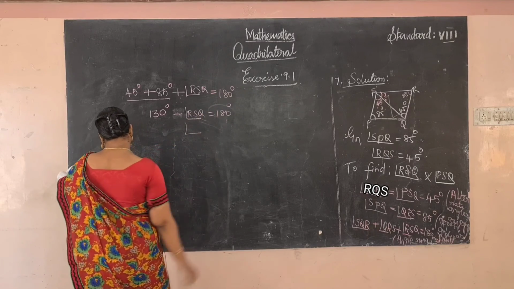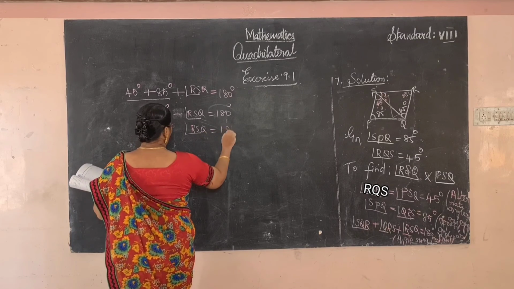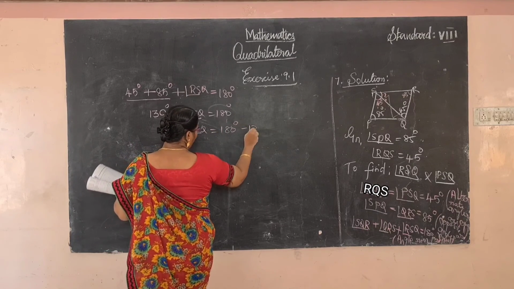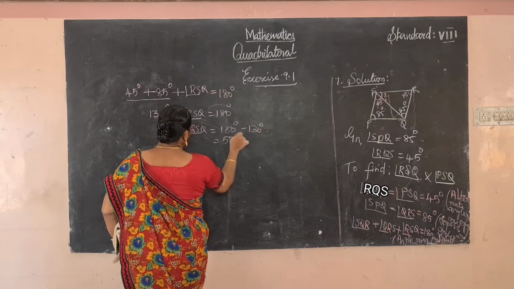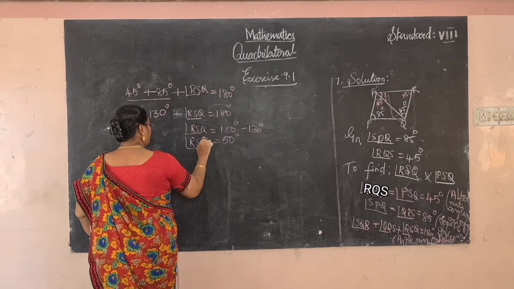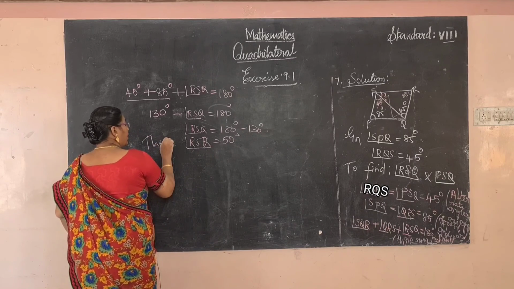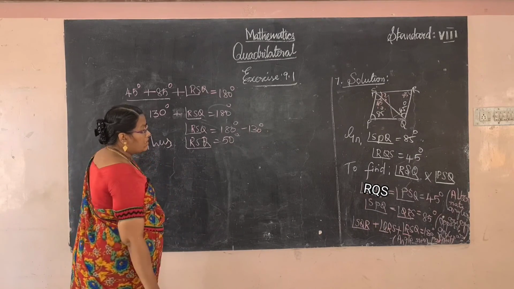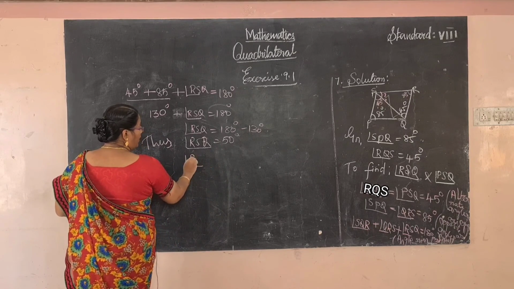So angle RSQ is equal to 180 degrees minus 130 degrees, which is 50 degrees. Thus, angle RSQ is equal to 50 degrees.